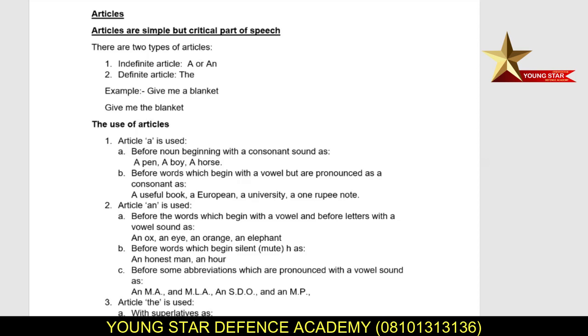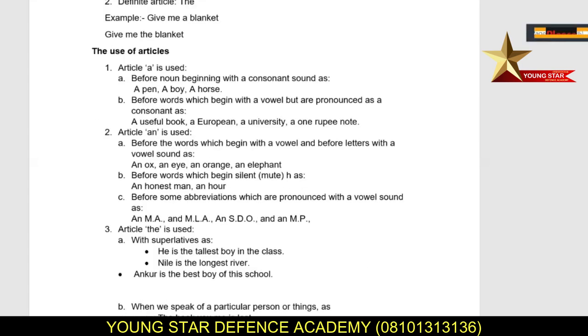So as मैंने आपको indefinite articles के बारे में बताया कि a और an दोनों indefinite articles, and definite articles होते हैं. Give me the blanket when this is the case. अब आप यहाँ पे पढ़ सकते हैं कि article a is used with the consonant sounds, जो मैं आपको बता चुकी हूँ. And the article a is also used when a word is starting with a vowel but it is giving a sound of a consonant.